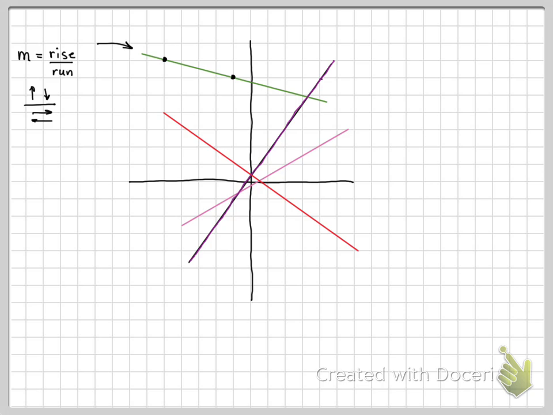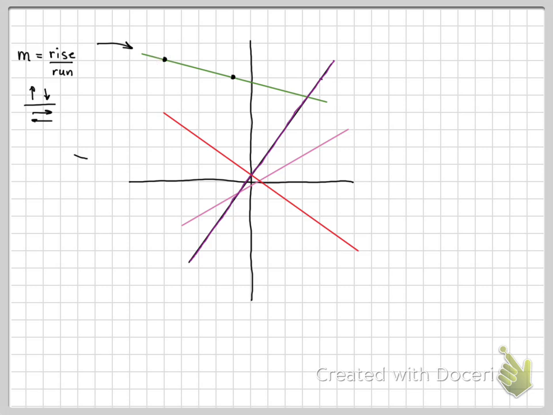So when we go to find the slope, you start with the point on the left and you work your way over to the point on the right, regardless of whether your slope is going down or going up. So we need to work from this point over to that point.